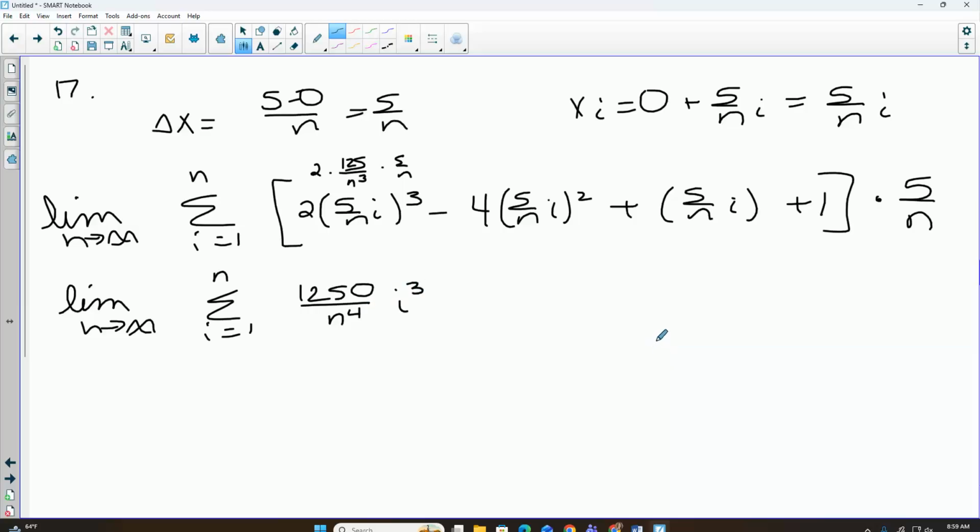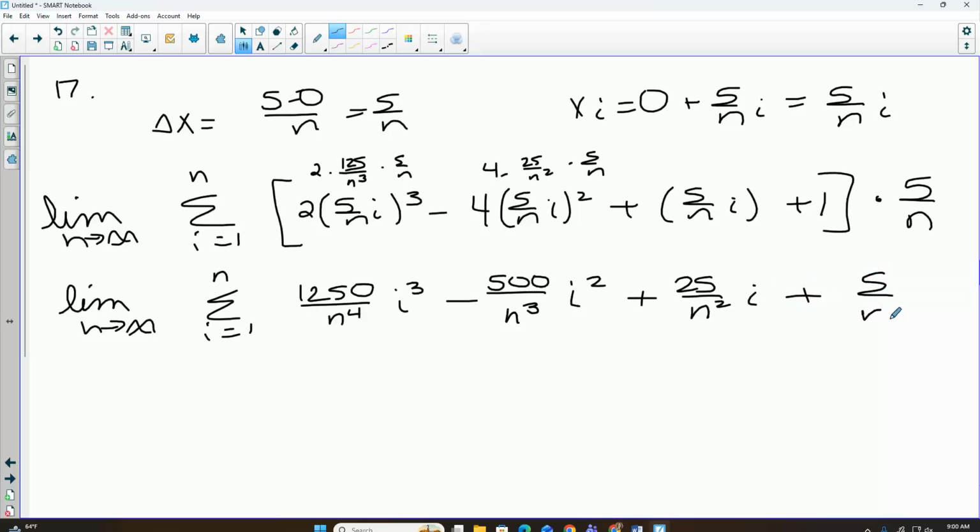You guys okay with what I did there? So this one, when I square it, I get 25 over n squared. I have my 4, and multiply that by the 5 over n on the outside as well. So we get 500 over n cubed i squared. 25 over n squared i, and 5 over n.